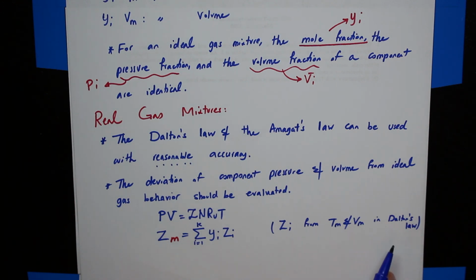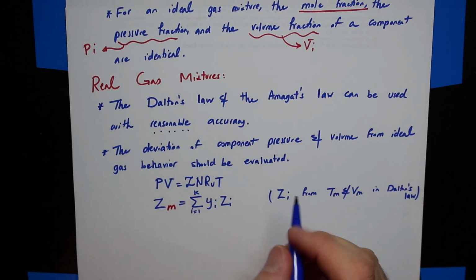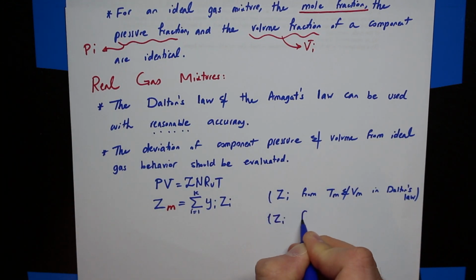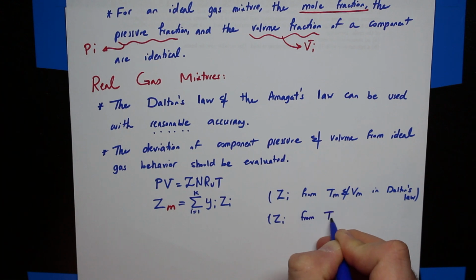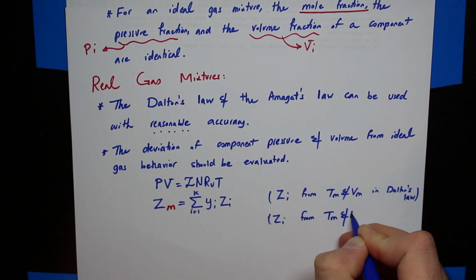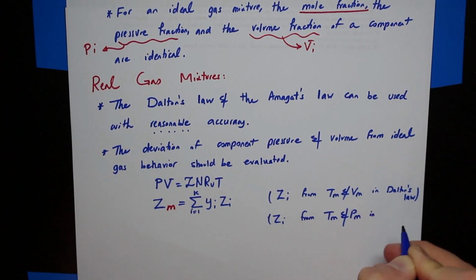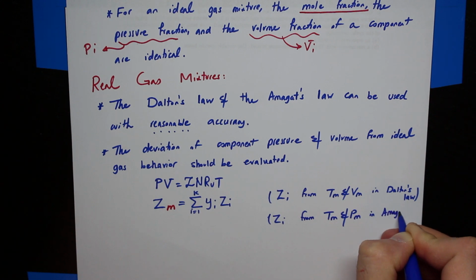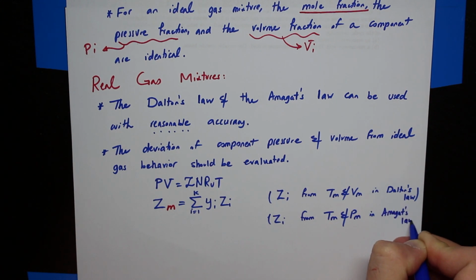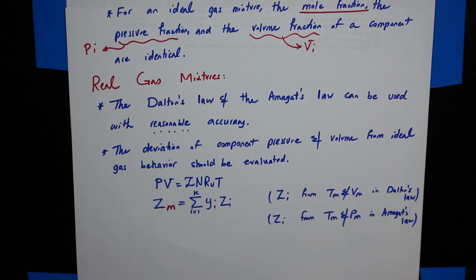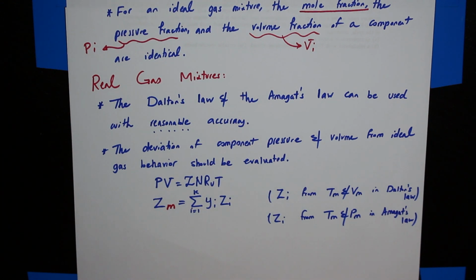Likewise, if you are working based on Amagat's law, z_i is assessed at the temperature of the mixture and pressure of the mixture, T_m and P_m. Again, you will see that in a sample problem.